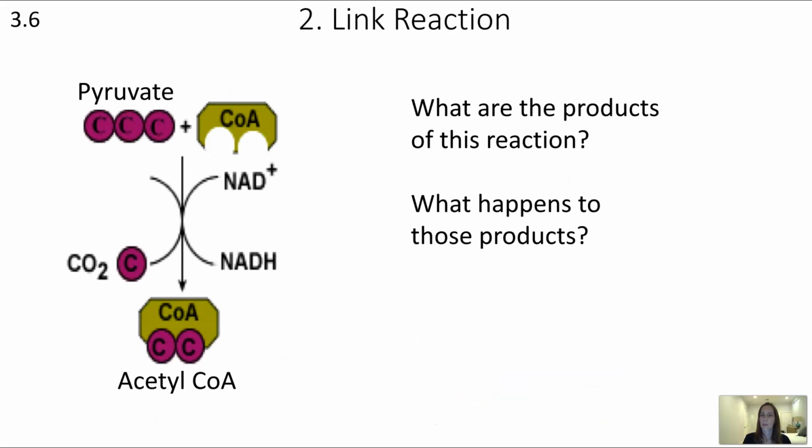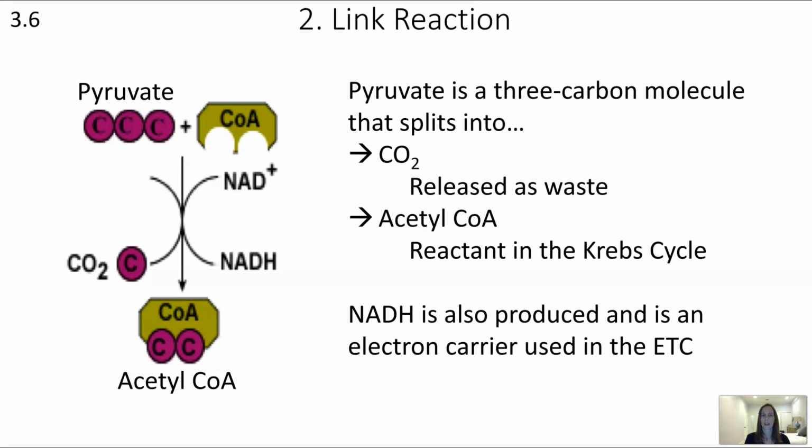So the next step of cellular respiration is called the link reaction. Take a look at this diagram and figure out what the products are of this reaction and what happens to those products. So in the link reaction, we have pyruvate, which is a 3-carbon molecule, and that splits into carbon dioxide, which is a 1-carbon molecule, and acetyl-CoA, which is a 2-carbon molecule.